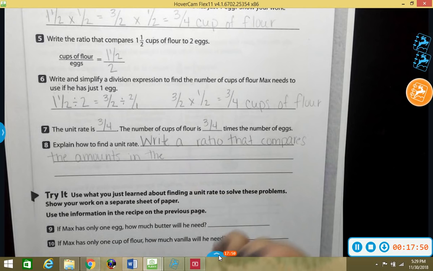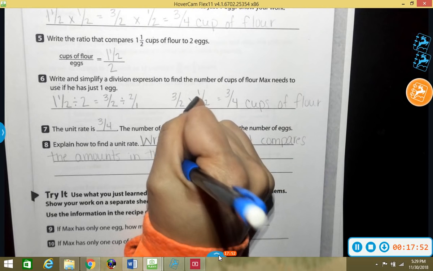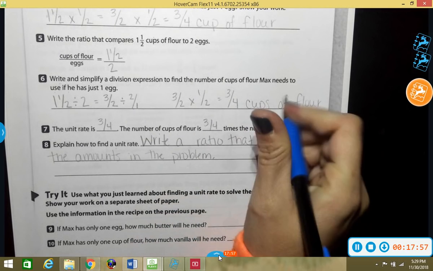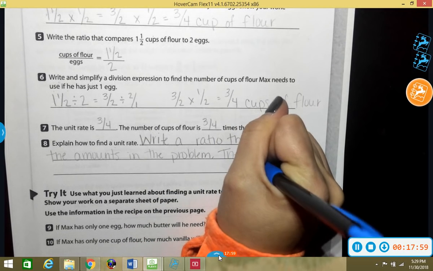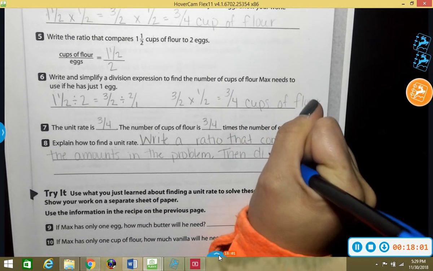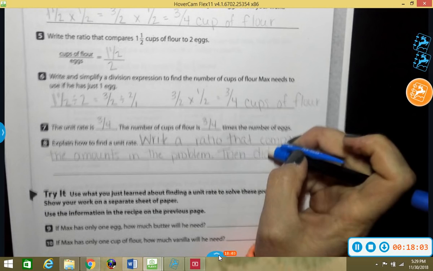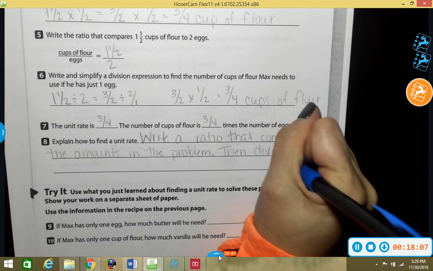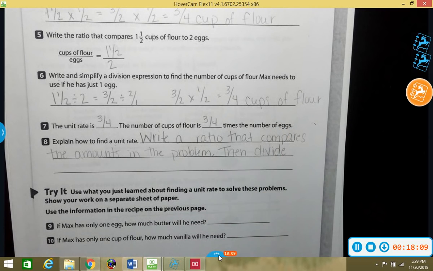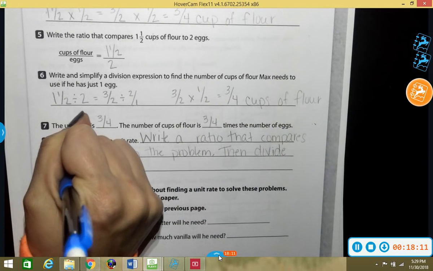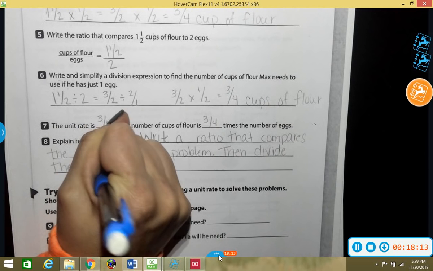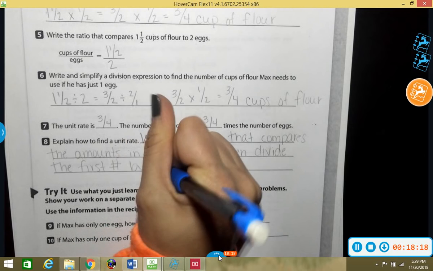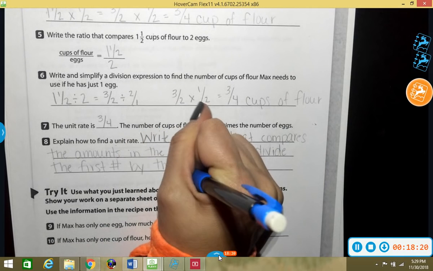So the flour to the eggs. Then you divide the first number by the second number.